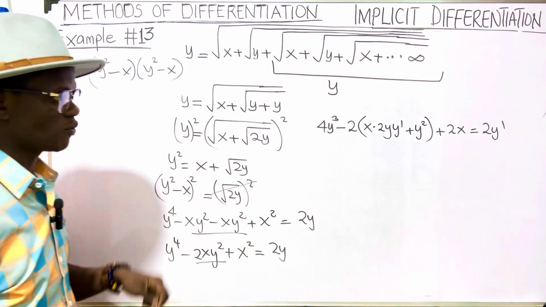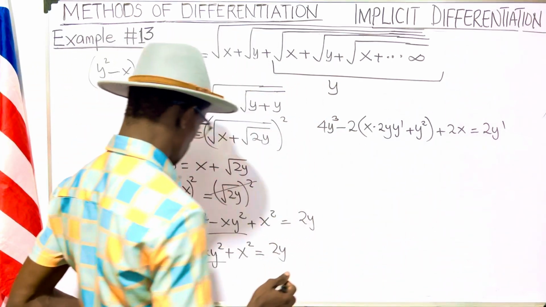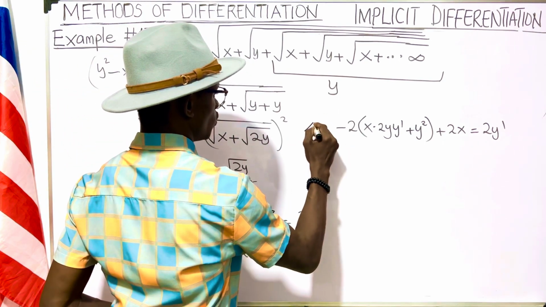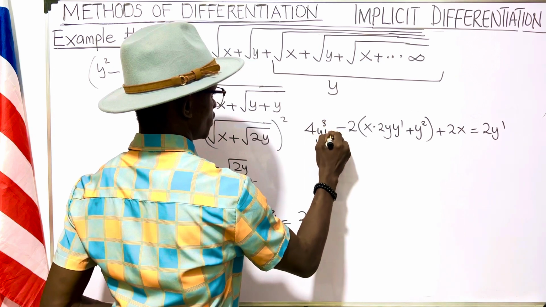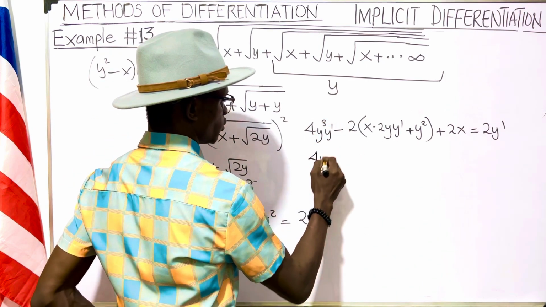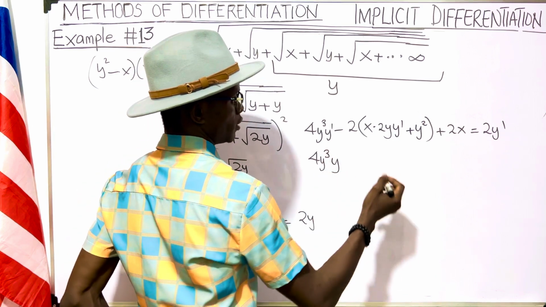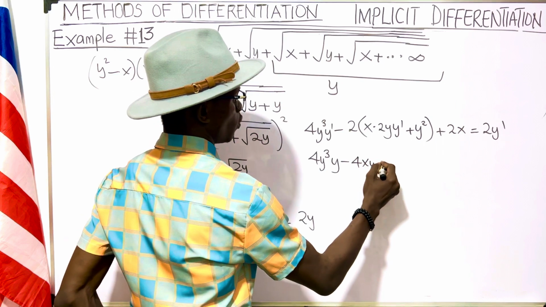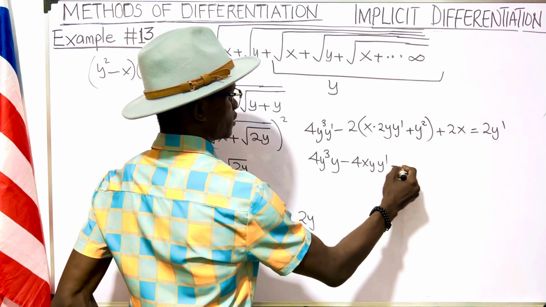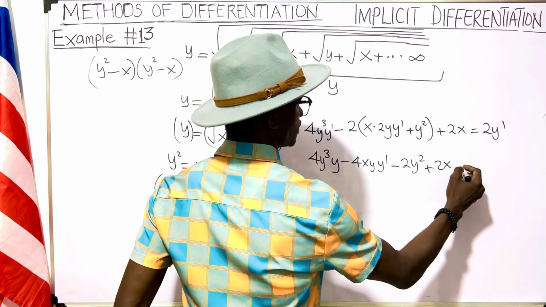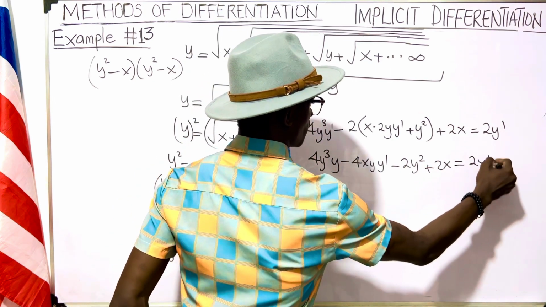All of those terms with y prime can be grouped on one side of the equation. The first term is 4y cubed y prime. Multiplying, this is minus 4xy y prime. This is minus 2y squared, plus 2x, equals 2y prime.